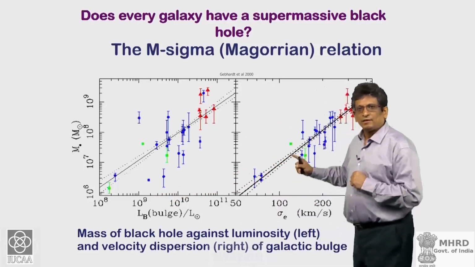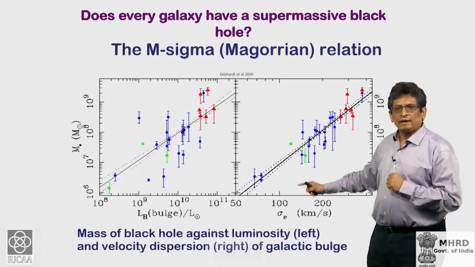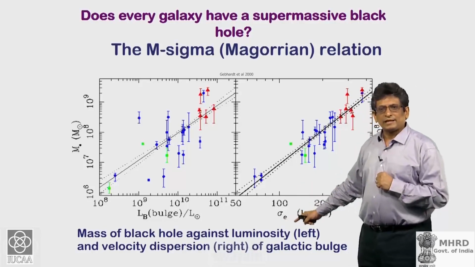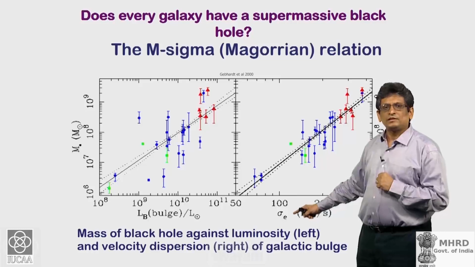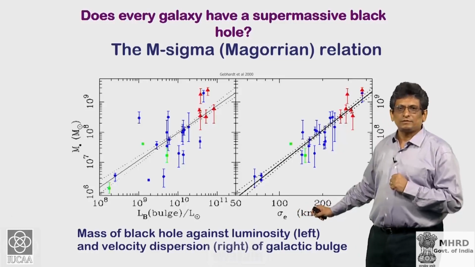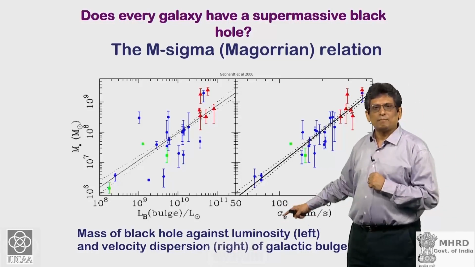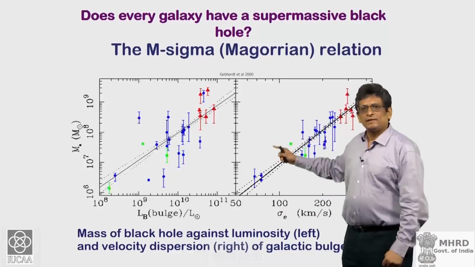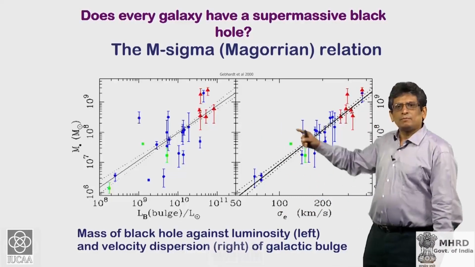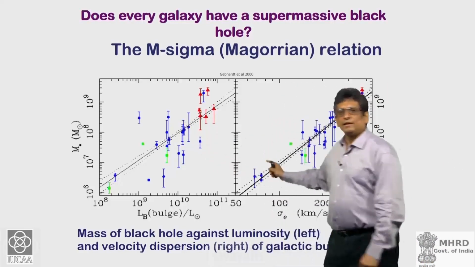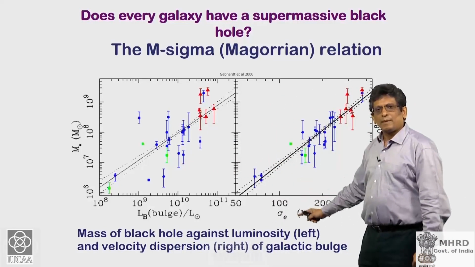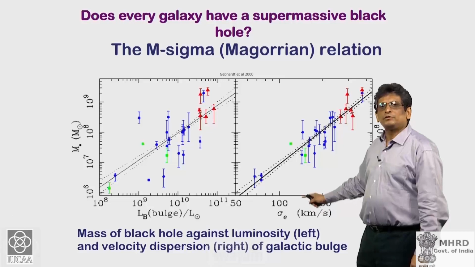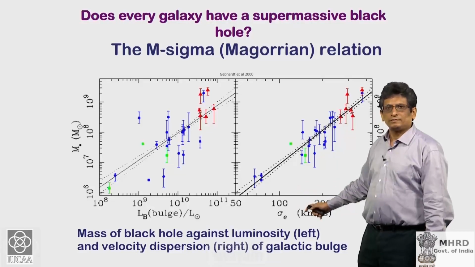And in the other plot here, the x-axis is the velocity dispersion of stars in the bulge. That correlates directly with the mass, as you know, of the galaxy. And so here is a very tight correlation between the mass of the central black hole and the mass of the bulge measured through the velocity dispersion.